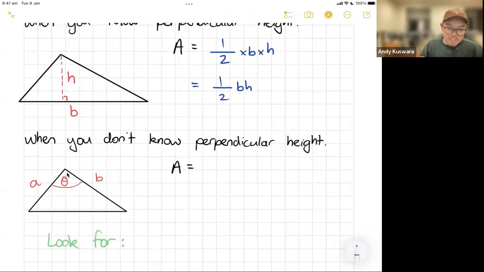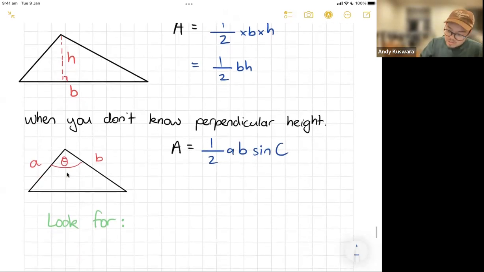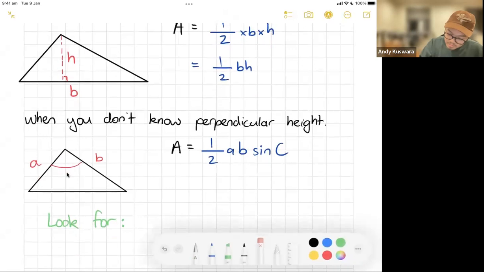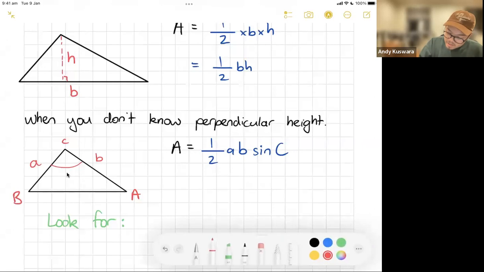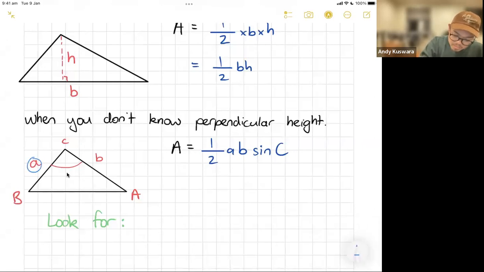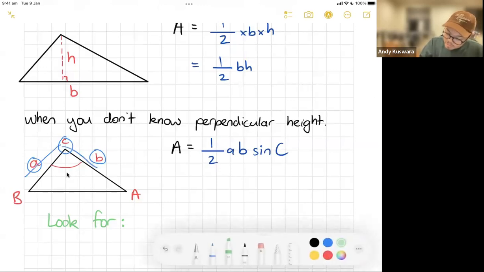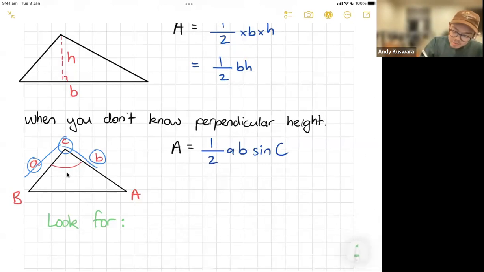When you don't know the perpendicular height, it's actually given by this formula. It'll be half AB sine C. Similar, but not quite. Now, the way that it works is, I probably should have written this as AB, and this would be sine C, because that one would be capital A, that one would be capital B. And you can kind of see here that with the formula, I've got A, B, and I've got sine of C. So the sine rule was kind of like a crisscross.